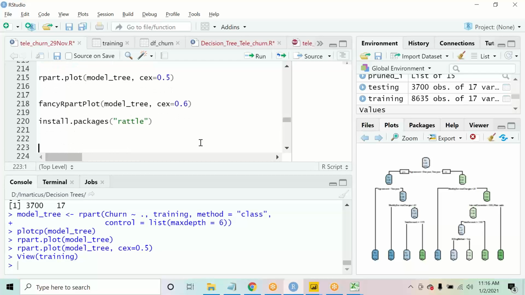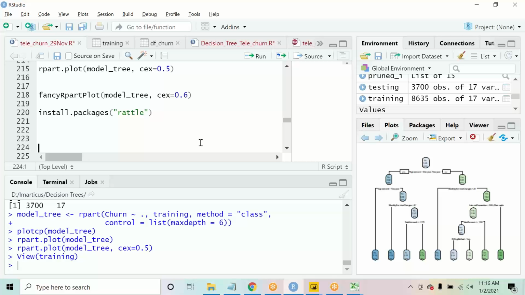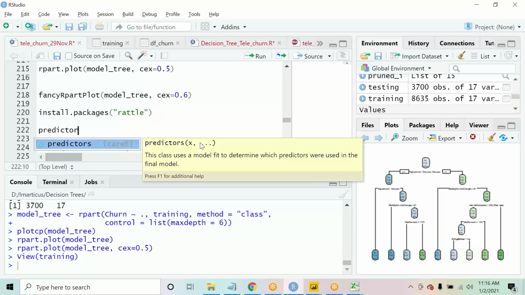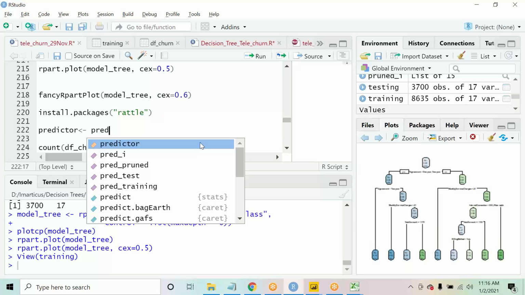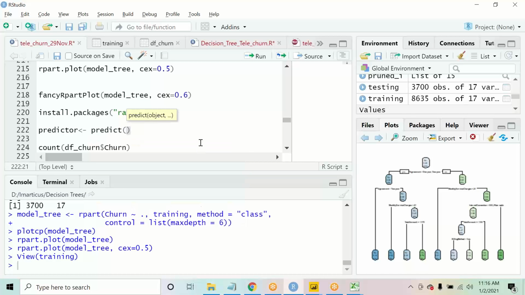Now let us see who will be able to do it. You will have to predict, right? So we will create a variable called predictor, okay, and in this we will be using the predict function. Correct? This is the function that we always use, predict.